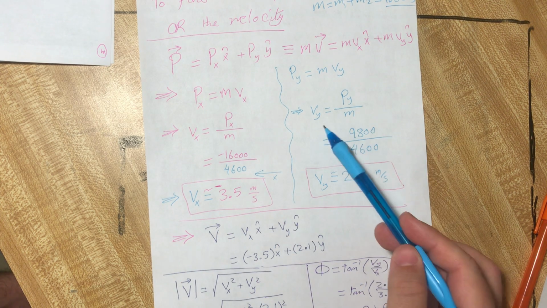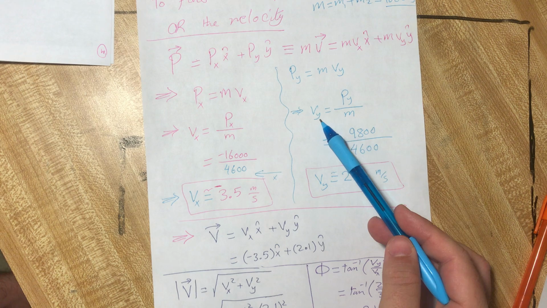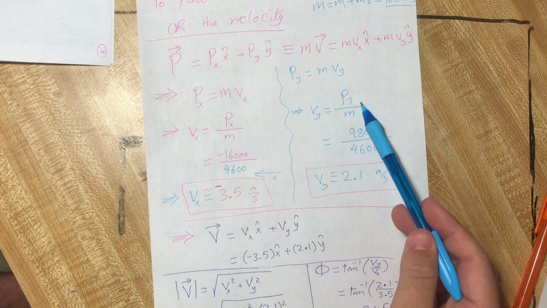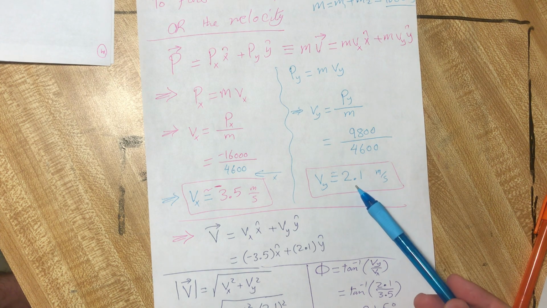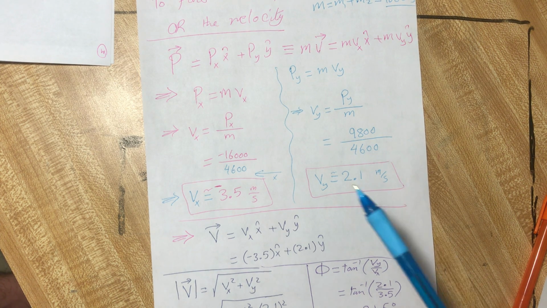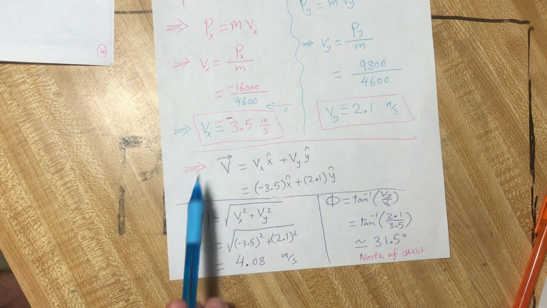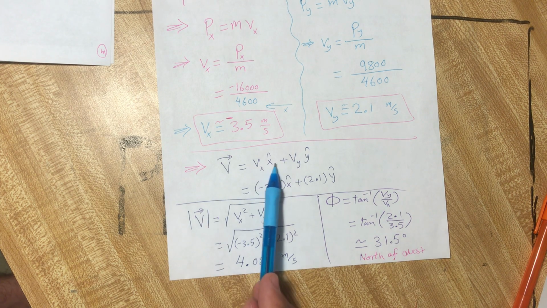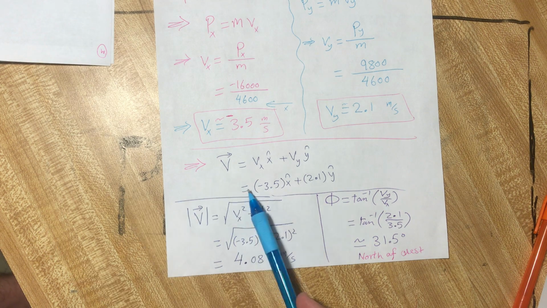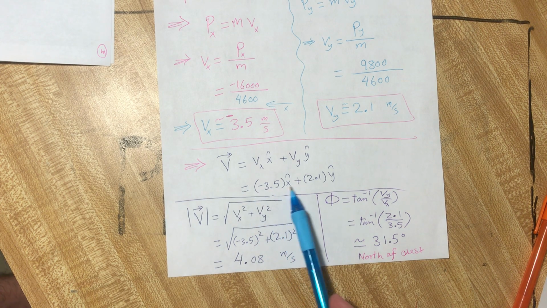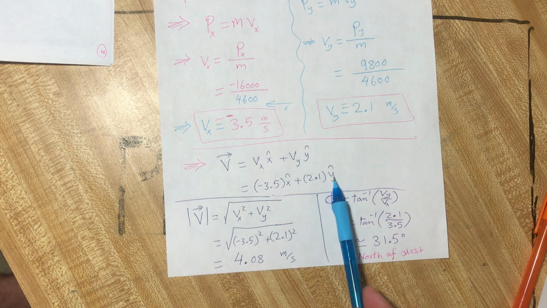In the same way, velocity in y direction is equal to the momentum in y direction divided by the mass. It will be approximately 2.1 meters per second. Now, the velocity vector will be Vx x hat plus Vy y hat. We find them, which is equal to negative 3.5 x hat plus 2.1 y hat.